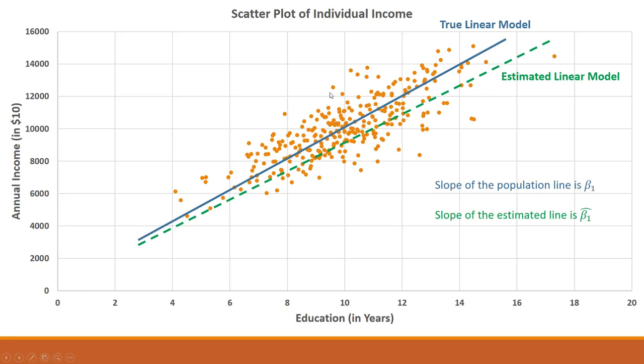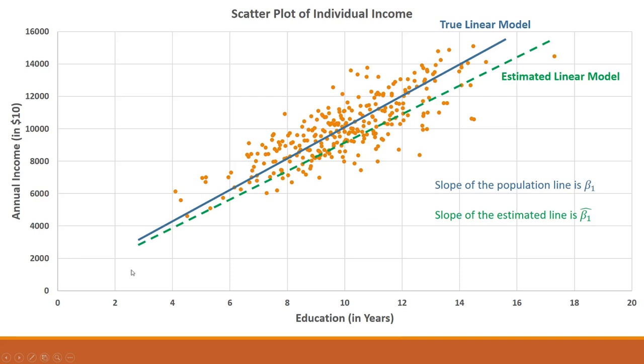But we don't know that true line. We don't know that blue line because we can't have all the data in the world to get that line. So what we do is we have to estimate it. We estimate a linear model. And now I've drawn a green dashed line on here to give you an idea that we're going to generate some predicted linear relationship, some predicted linear function of income and education.